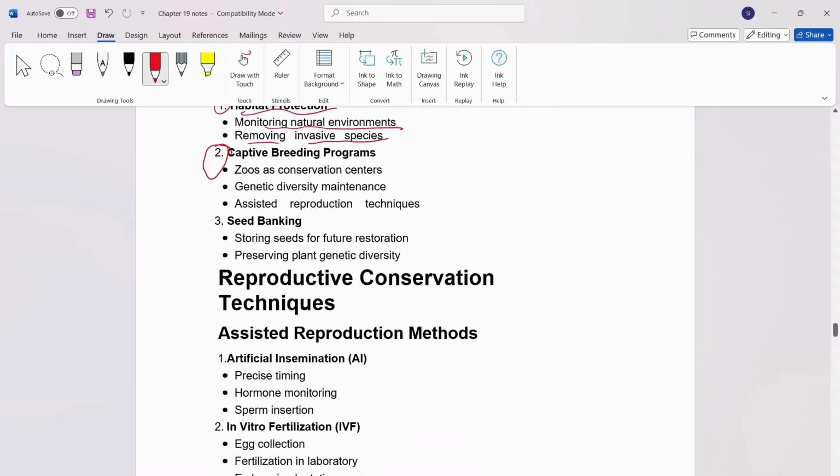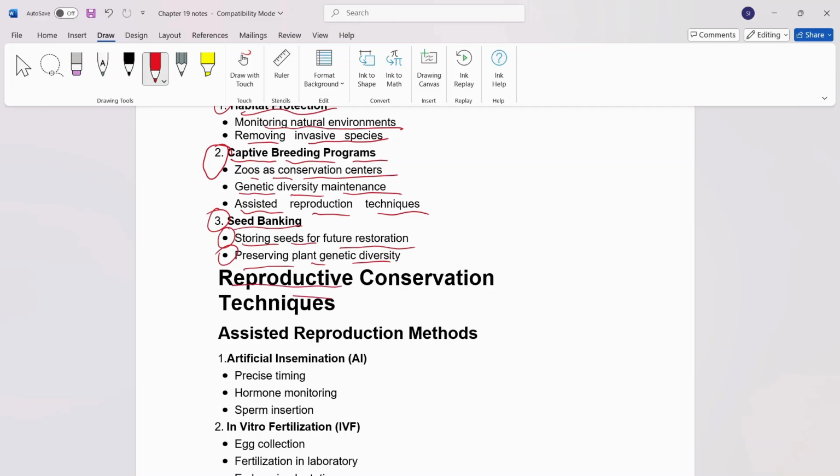Second, we can use captive breeding programs, zoos as conservation centers, genetic diversity maintenance, assisted reproduction techniques. Third is seed banking, storing seeds for future restoration, preserving plant genetic diversity.